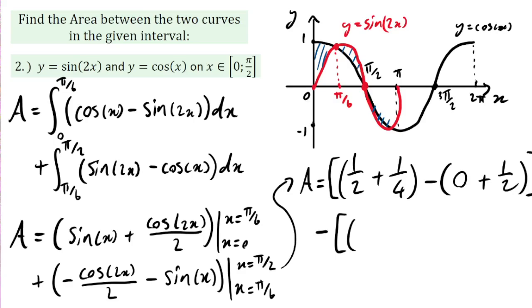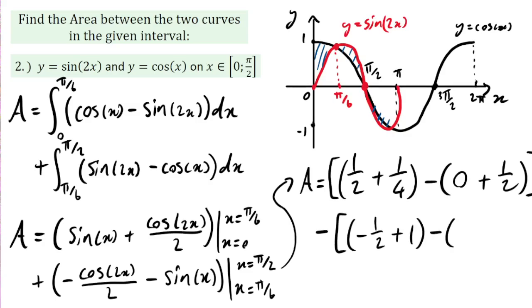So here it's going to be cosine of 2 times pi over 2, which should give us negative a half. And we would have positive sine of pi over 2, that's just going to be equal to positive 1.